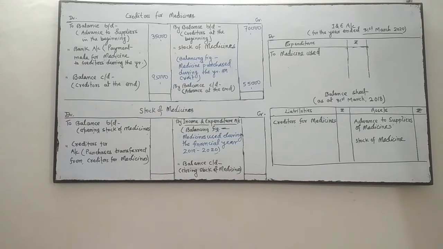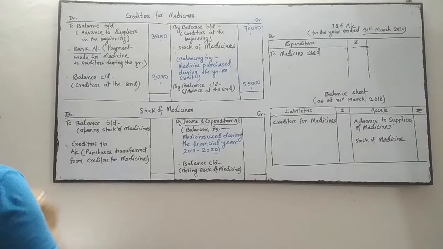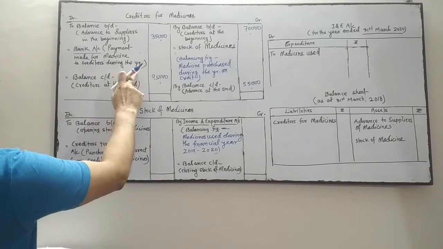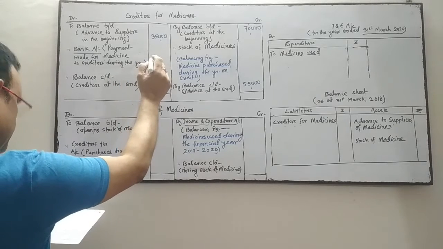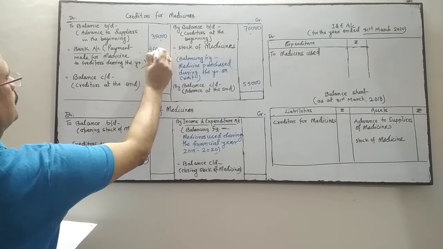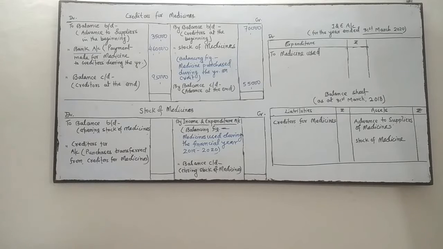Payment for purchase of medicine during the year means payment by bank. Under the bank we are going to write payment made for medicine to creditors during the year, which is 4,60,000.